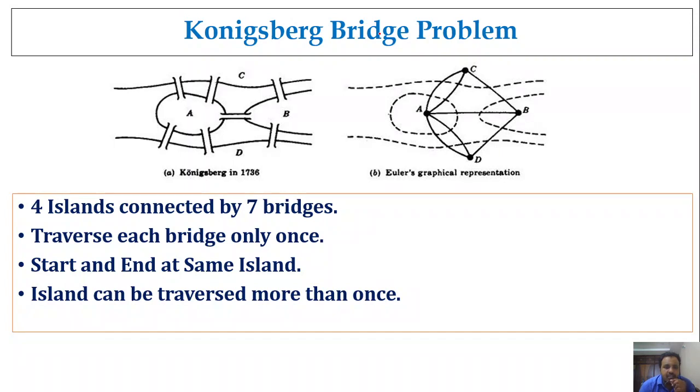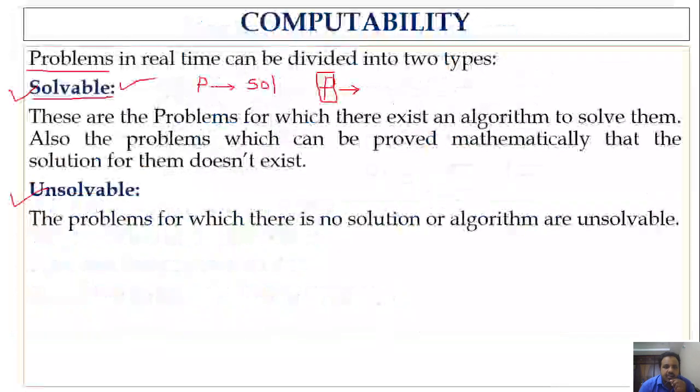To relate this concept, I have used this example. I think now you have a clear idea about the solvable problem. There are two conditions we have to consider: if there exists a solution for a problem, then that problem is solvable, or if we can mathematically prove that the problem is not solvable, then the problem is also considered solvable.